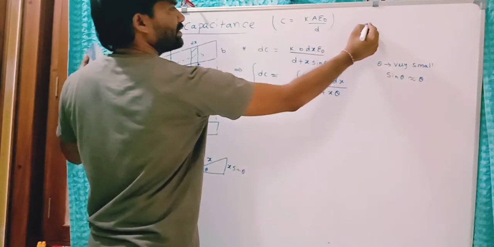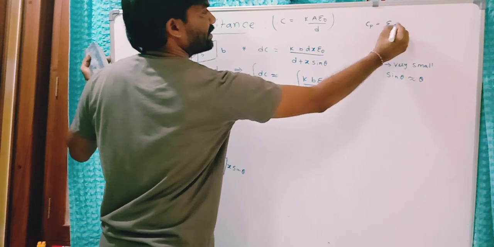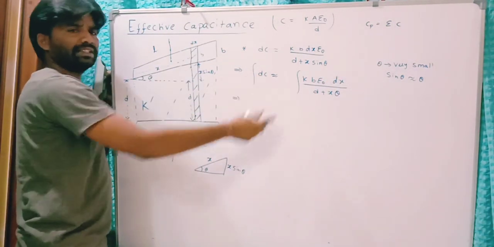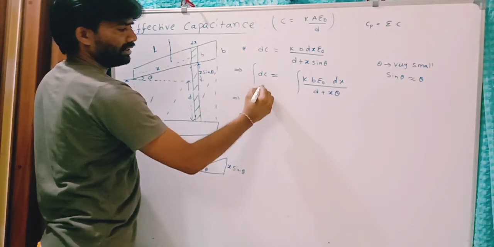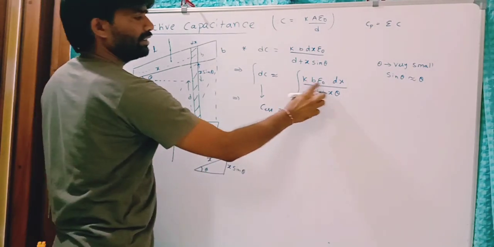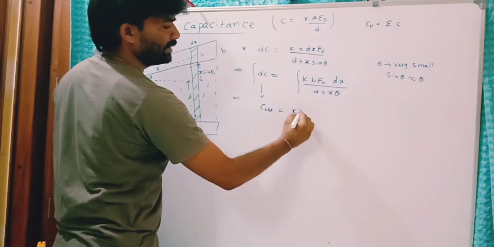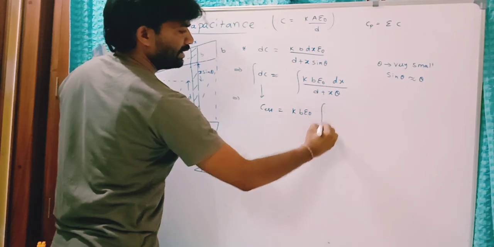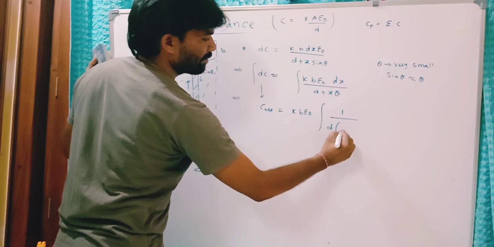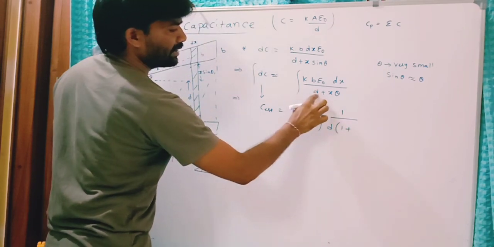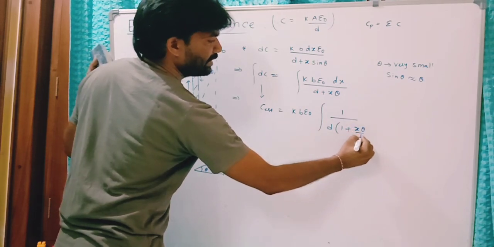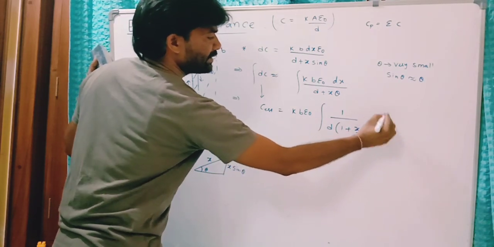That means the capacitances of all such small elements are in parallel combination. For a parallel combination you can write Cp equal to sigma C for n capacitors. Sigma means summation, that is integration. So it gives the effective capacitance. Write the constant terms outside, K b epsilon naught, integration of this. Here I can take d common, so you will have 1 plus x theta by d, into dx.